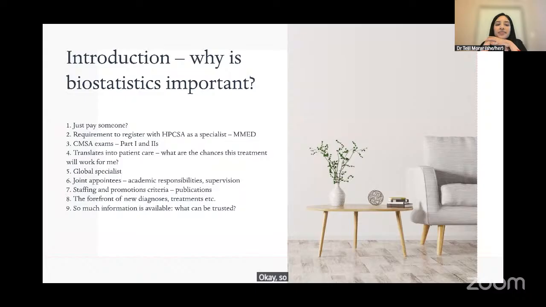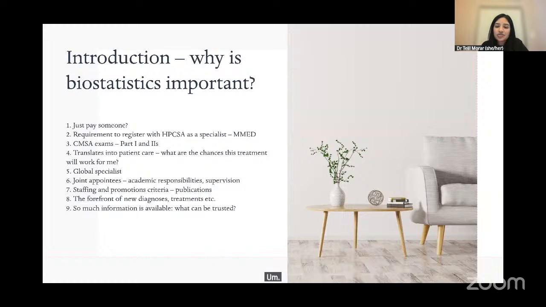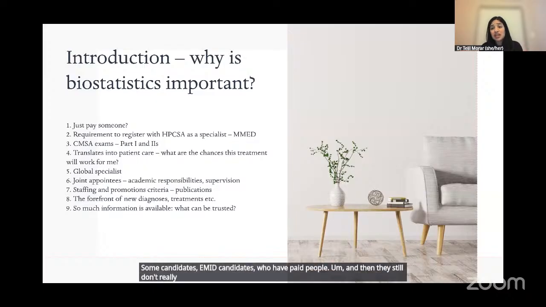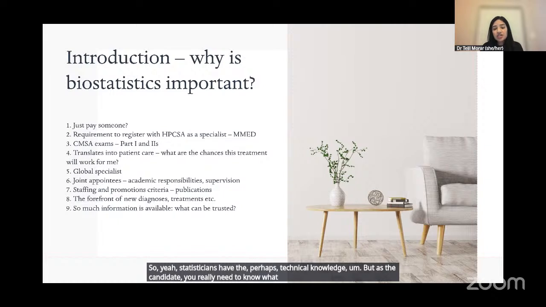Okay, so why is biostatistics important? I know a lot of registrars say that they would preferably just pay someone to do their stats. Unfortunately, I've had some MMED candidates who have paid people and then they still don't receive what they need. Statisticians have the technical knowledge, but as the candidate, you really need to know what you need from a statistician.